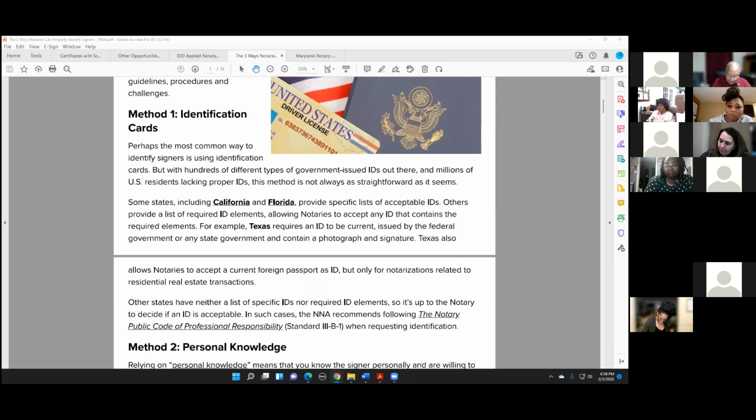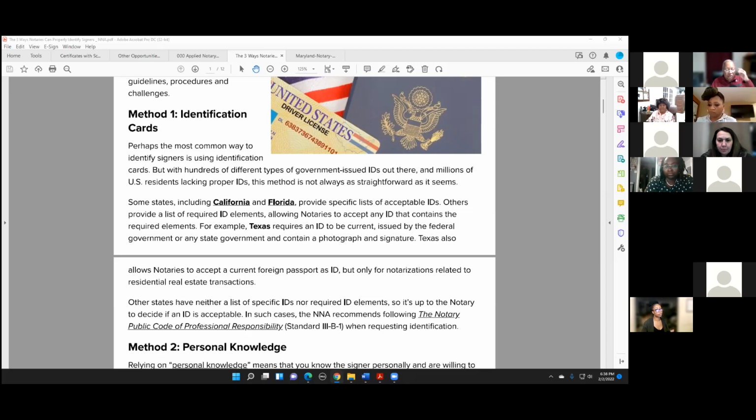It also can be done with a government ID that has the signature and photograph of an individual and is satisfactory to the notarial officer. So here it tells you what other states do in order to use an ID card. But in Maryland, we have these 4 specific issues that Maryland allows you to deal with when someone presents an ID card to you.